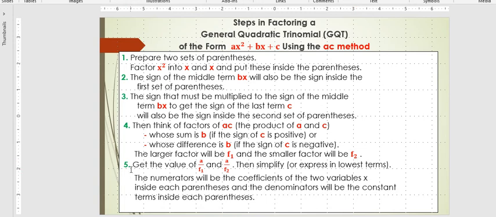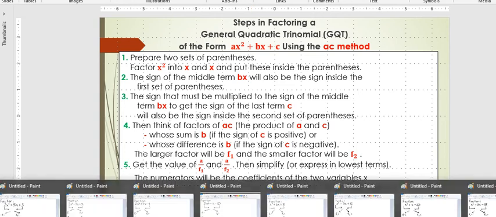Step number 5. Get the value of A over f sub 1 and A over f sub 2. Then simplify or express in lowest terms. The numerators will be the coefficients of the two variables x inside each parenthesis, and the denominators will be the constant terms inside each parenthesis.